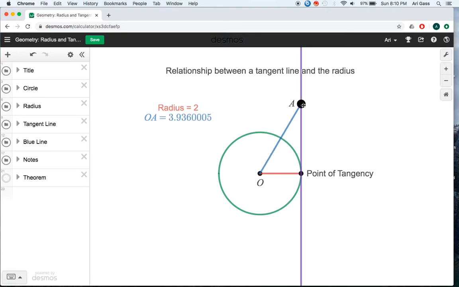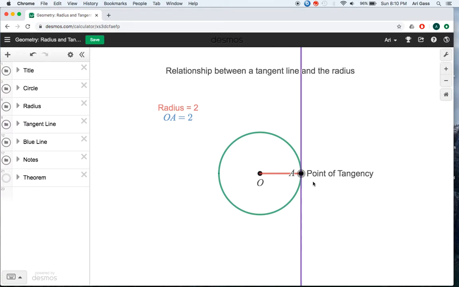As I get closer to the point of tangency, that single point of intersection that a tangent line has with a circle, you'll notice that the distance OA is getting closer and closer to 2. And as we, in fact, reach that point of tangency, right there, boom, got it, you'll notice that at the point of tangency, that is a distance 2 away.